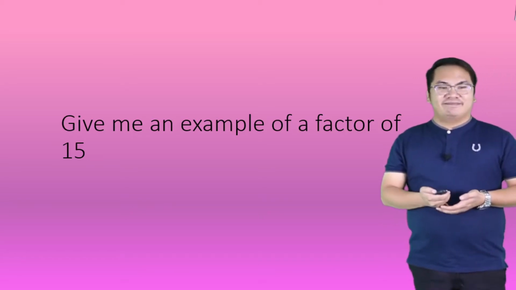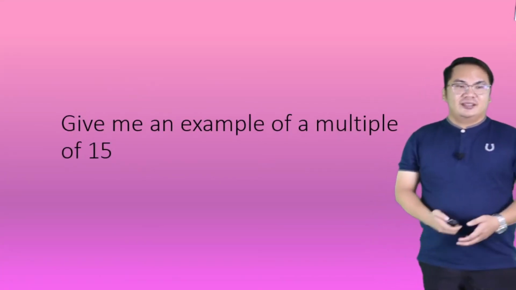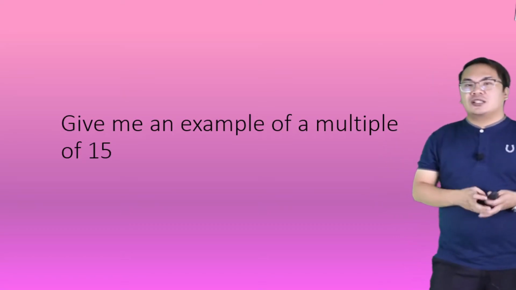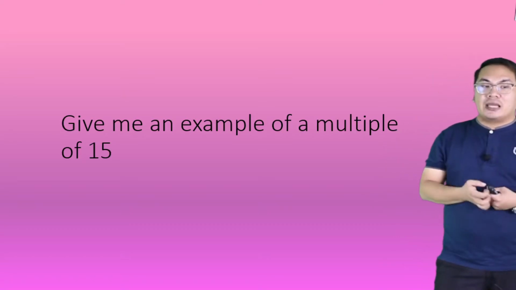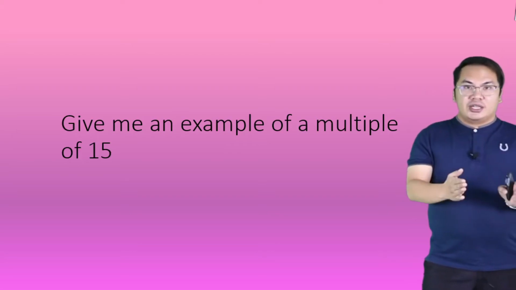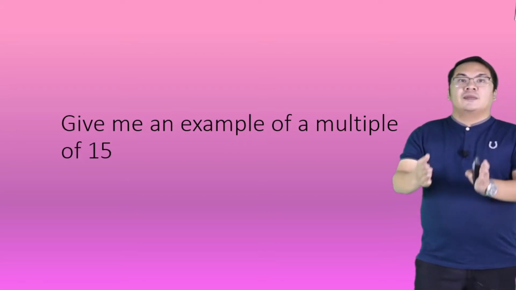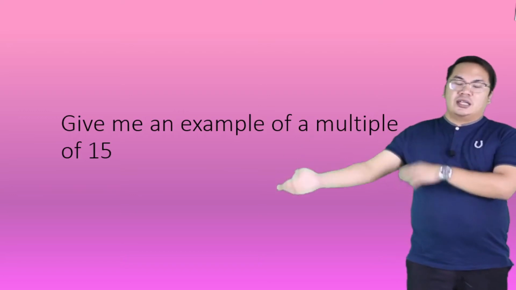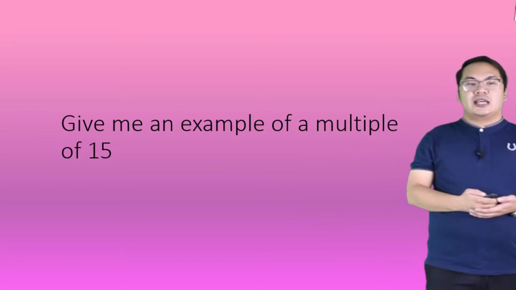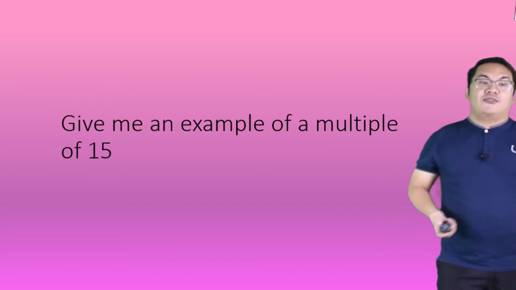Got it? Alright, give me an example of a multiple of 15. We all say that a multiple is skipping numbers. So we're just going to skip numbers: 15, 30, 45, 60, and so on and so forth. Skipping numbers by 15.